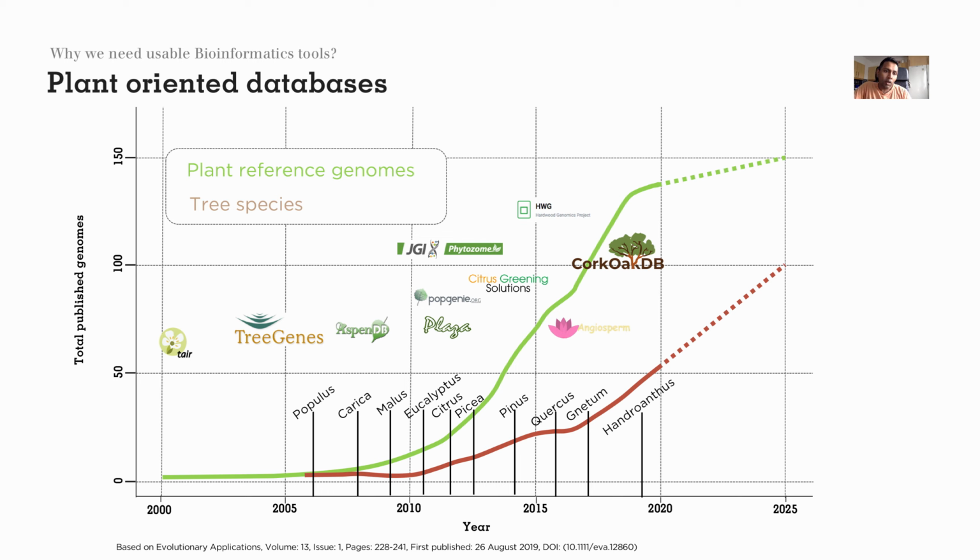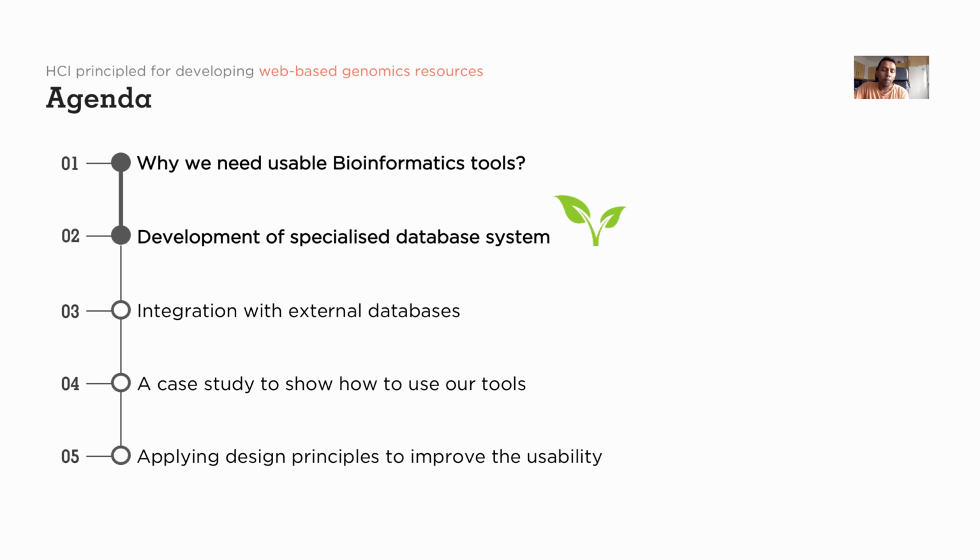Simultaneously, corresponding specialized databases were established during the last 2 decades. For example, Plaza, TreeGenes, Arabidopsis. So having or developing a specialized database system is important.